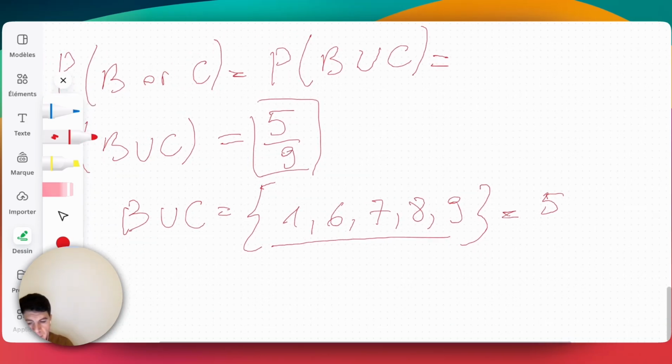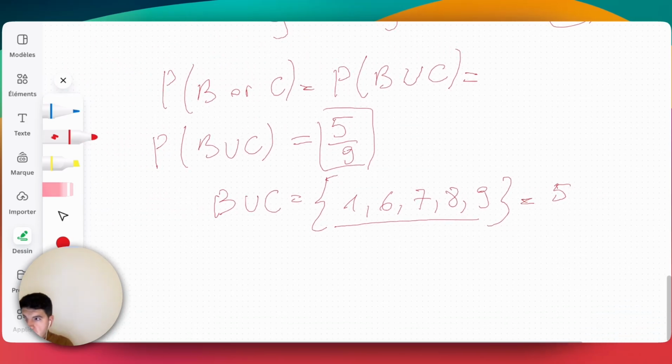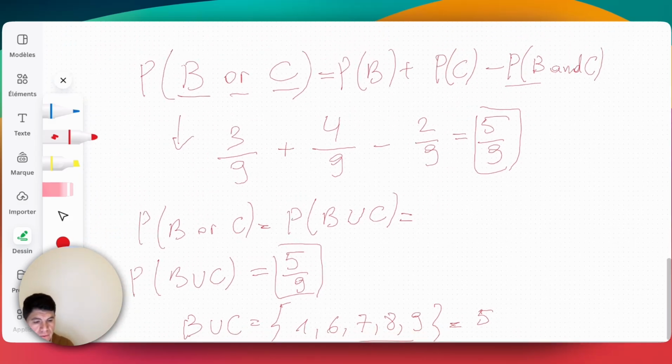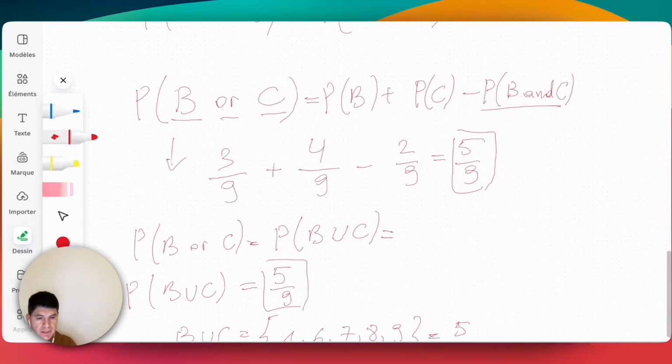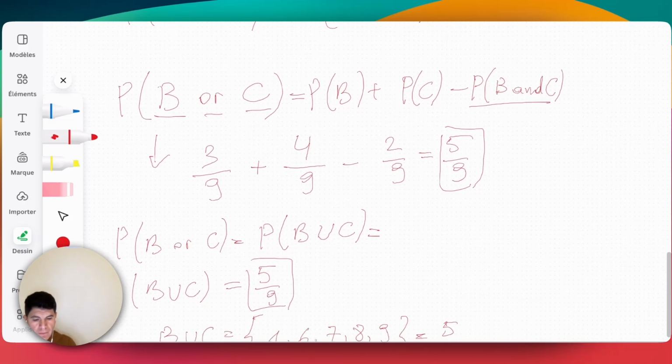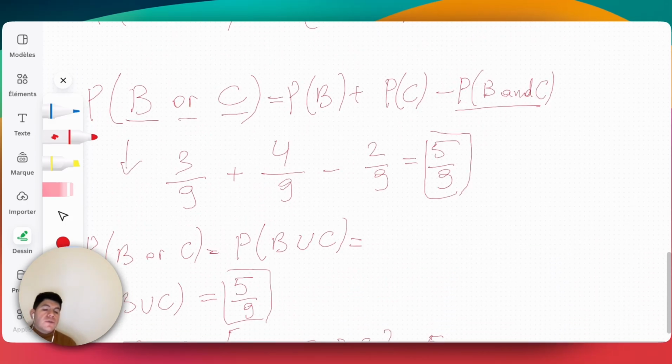The reason this part of the equation is here is that we don't want to count 7 and 8 twice, because they are already repeated in the intersection. So this part of the equation corrects us so we don't calculate twice.